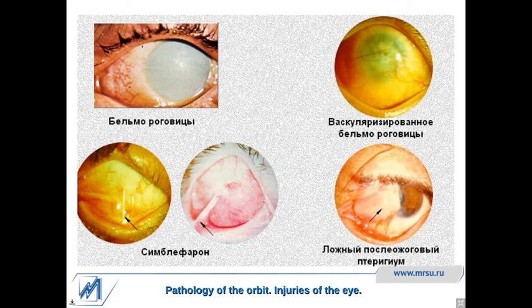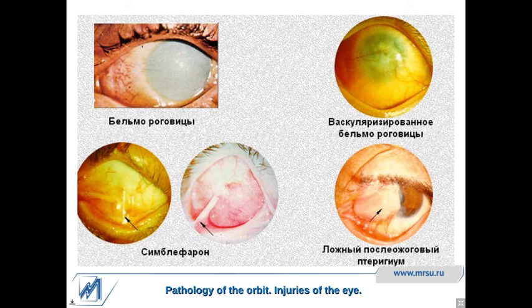And on the lower line, you see three pictures. The first two are symblepharon. It is the connection between the conjunctiva of the eyelids and the conjunctiva of the eyeball, and there is such a fibrous, proliferative process in this area.